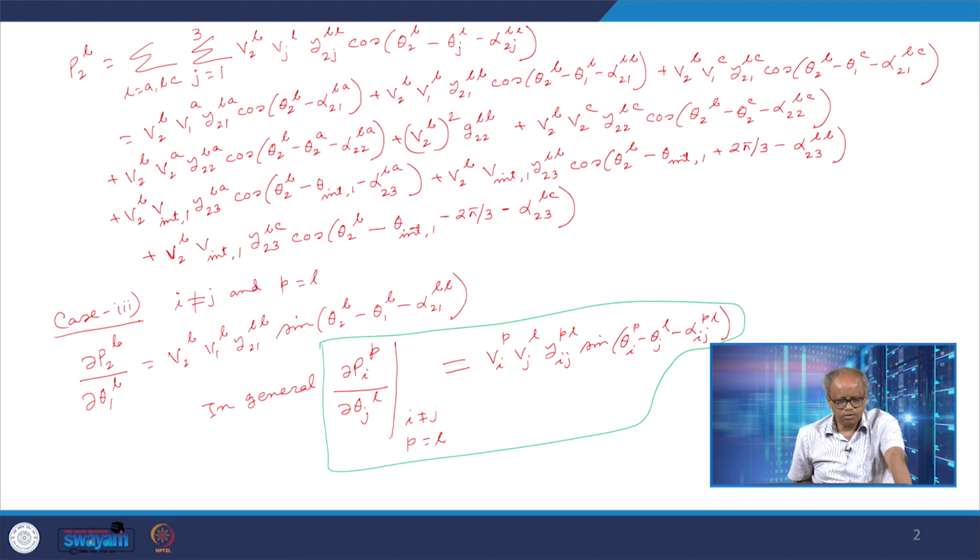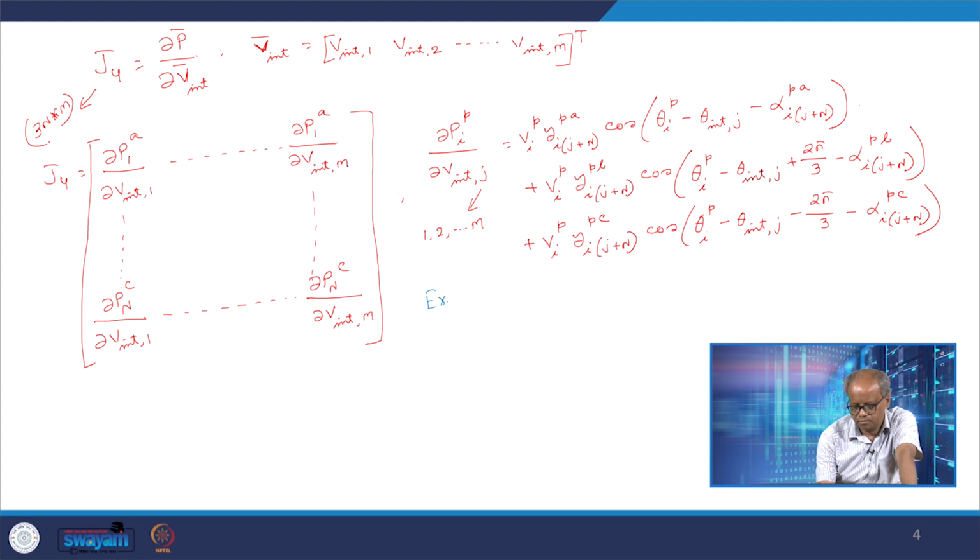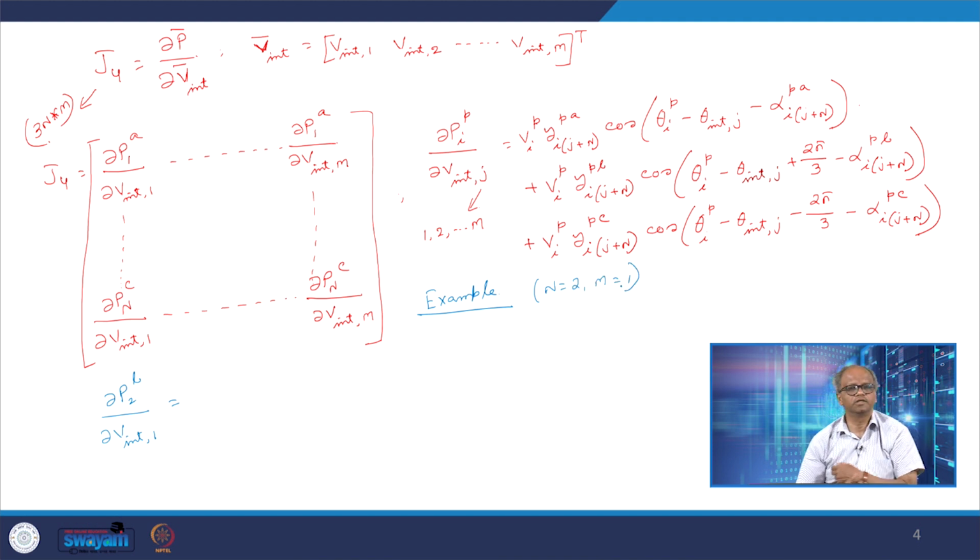As an example, let us write down the expression of del P2B by del V internal 1. Please note in this example n is equal to 2 and m is equal to 1. There is one generator and 2 buses.